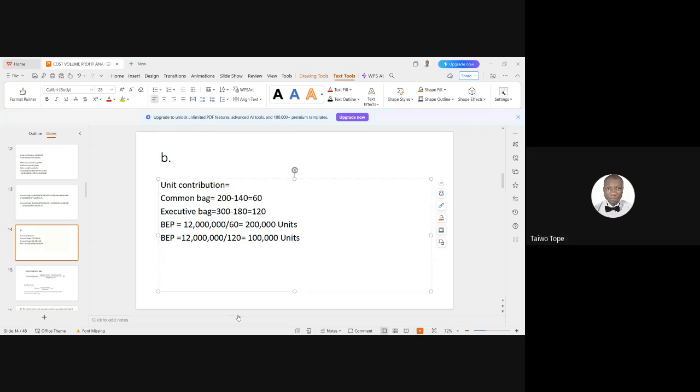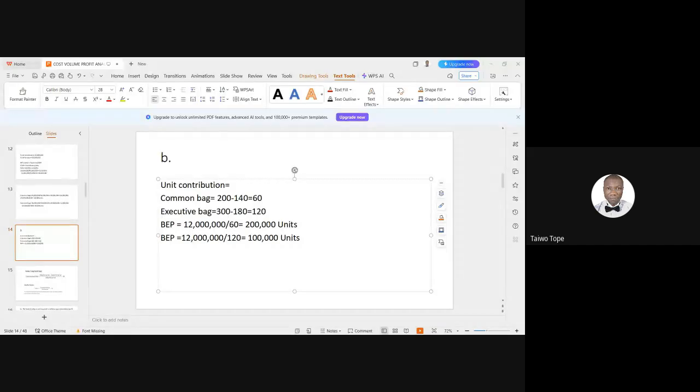So let's go back to the question and see. Calculate the budgeted operating profit and break-even points if 200,000 units are sold, but only 20,000 are executive bags. Who can interpret this statement?